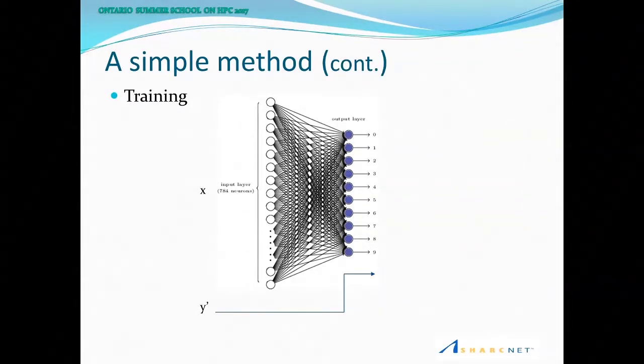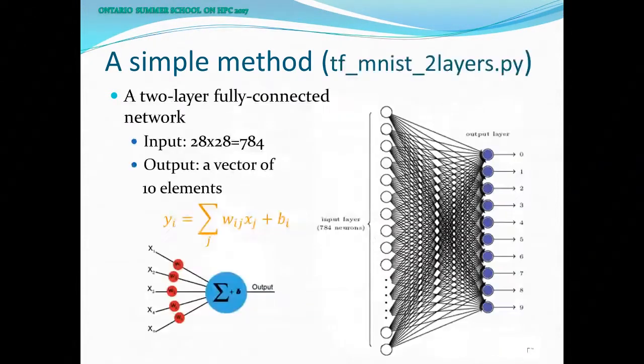So now once we define the architecture of the neural network, the next step is how to train this neural network. What does training mean in this case? The purpose is determining the parameters of this neural network. What are the parameters? Let's go back.